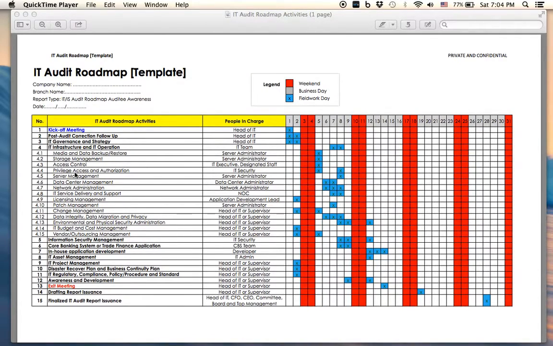So the next is privilege access and authentication. You may obtain the privilege right or user right matrix, what the business unit is required to have to access the critical system or core system. For example, the officer role.